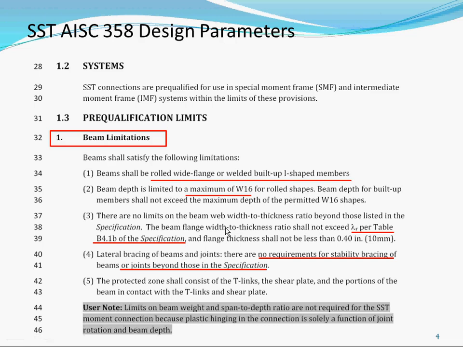I'll show you later what's the difference between the AISC 341 and the 360. The ratios are typically a little more stringent in the 341 versus the 360. We're going with the less stringent one because we're not yielding the beam, we're not deforming the beam. Like I showed you, we're not buckling the beam flanges.